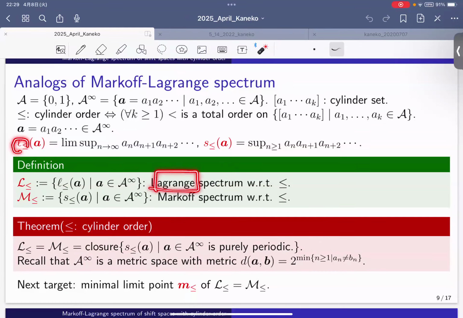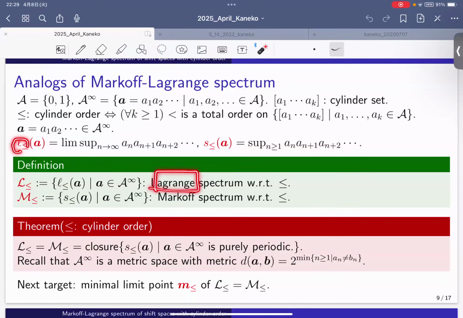And the interesting point is that Professor Wolfgang Steiner proved the following incredible property. In the classical theory, the Lagrange spectrum and the Markov spectrum are different, but in this setting, they are the same. So it's an incredible property.